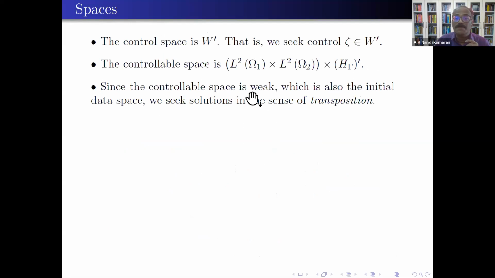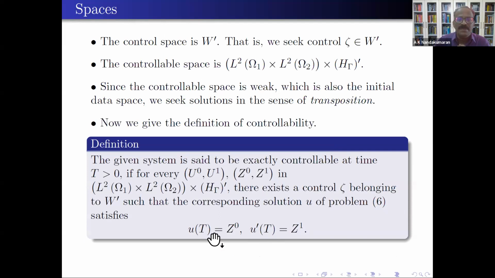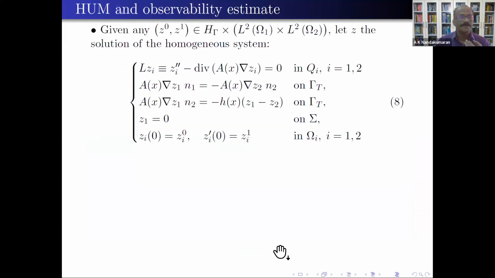Since the controllable space is very weak, as I told you, which is also the initial data space, we need to seek solutions in the sense of transposition, and that's available. This is already explained in the general situation. So controllability means: given U0, U1 and Z0, Z1 in these spaces, find a control satisfying this. We do it via the equivalent null controllability.